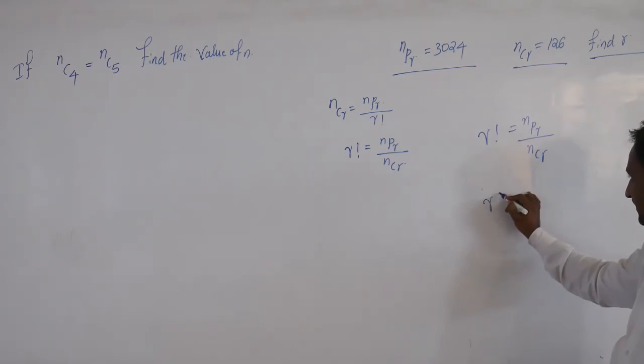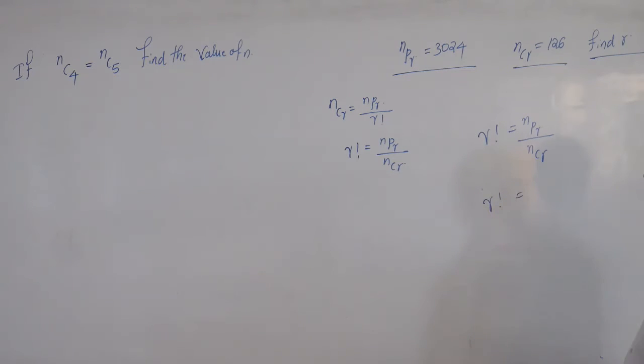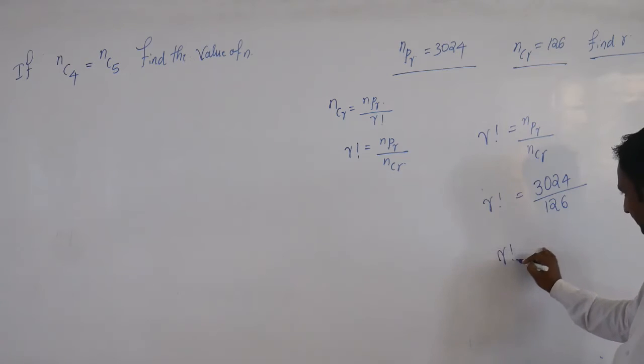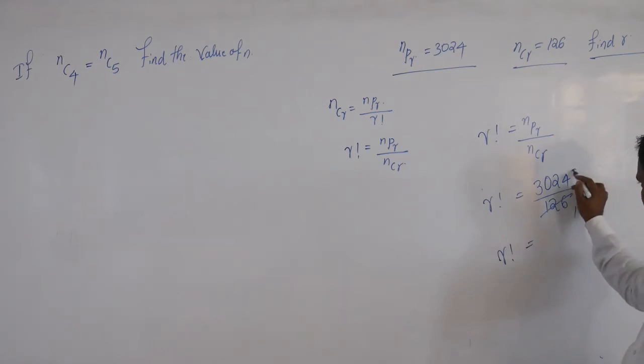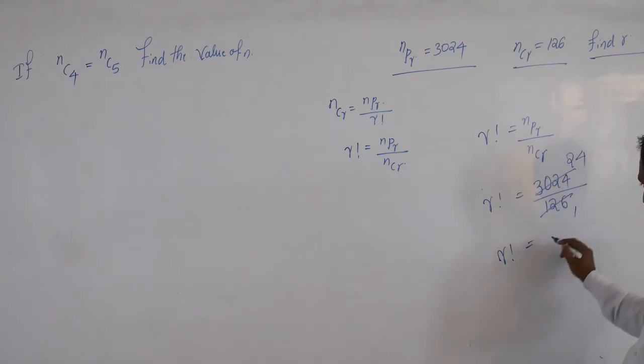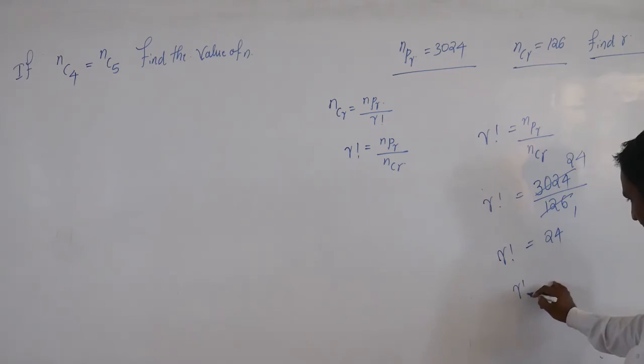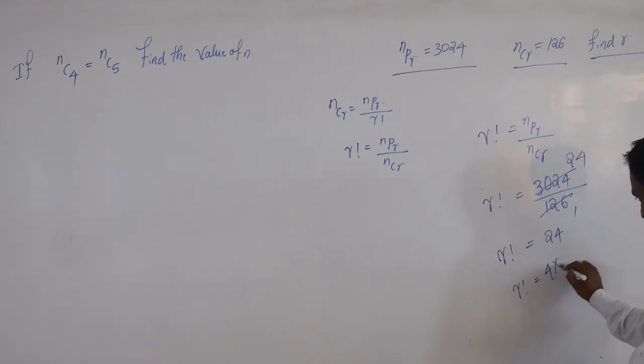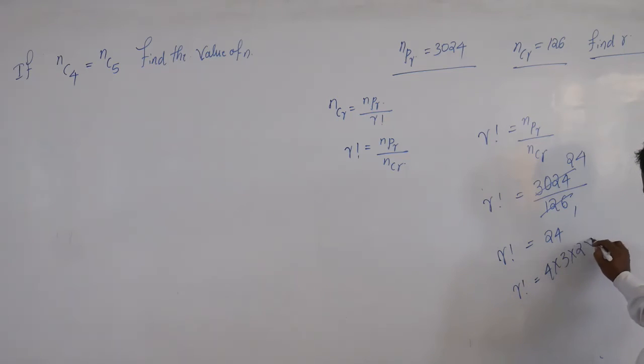Substitute the values. r factorial is equal to 3024 divided by 126, which is our nCr value. So r factorial is equal to 24. 24 can be arranged as 4, 3, 2 and 1.